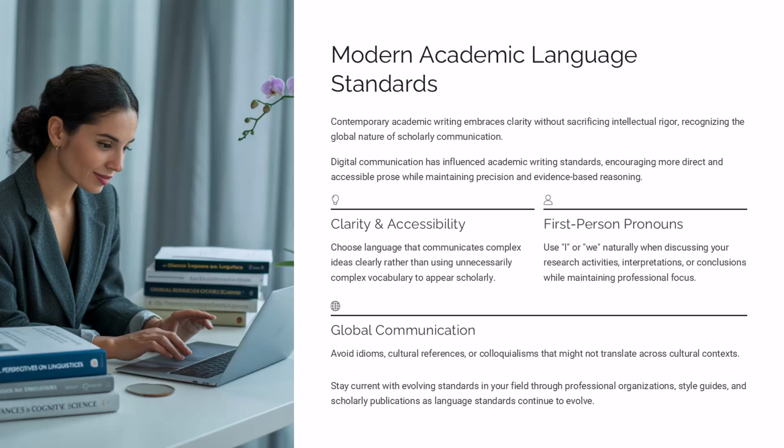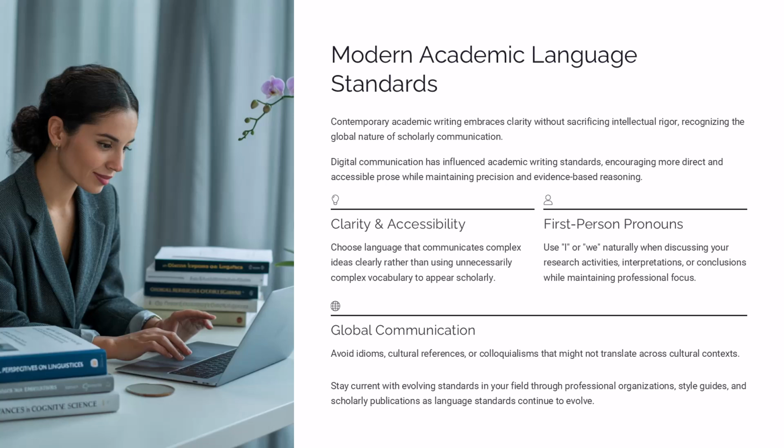Contemporary academic writing also recognizes the global nature of scholarly communication. Avoid idioms, cultural references, or colloquialisms that might not translate across cultural contexts. Choose language that communicates effectively to international audiences while maintaining appropriate academic tone. Digital communication has influenced academic writing standards, encouraging more direct and accessible prose.